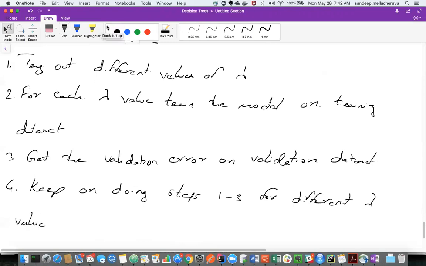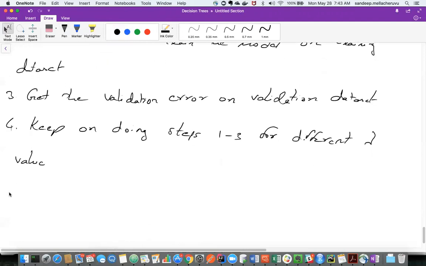Just keep on doing the same thing. Try out different lambda, train the model, again try out a different lambda and get all these validation errors.